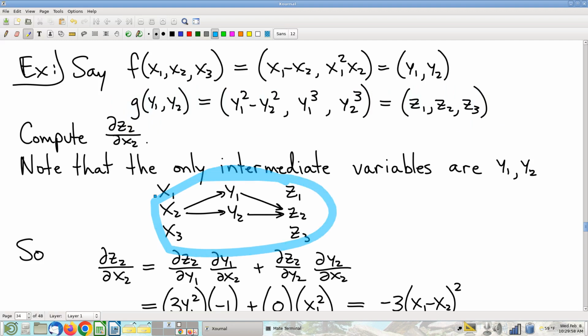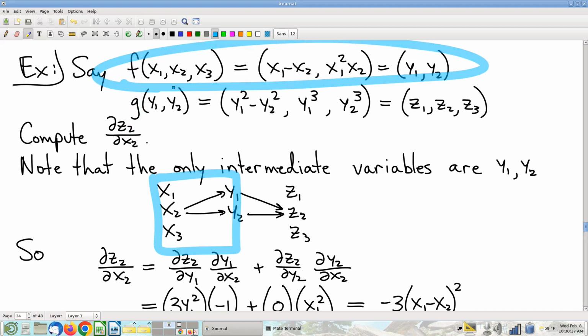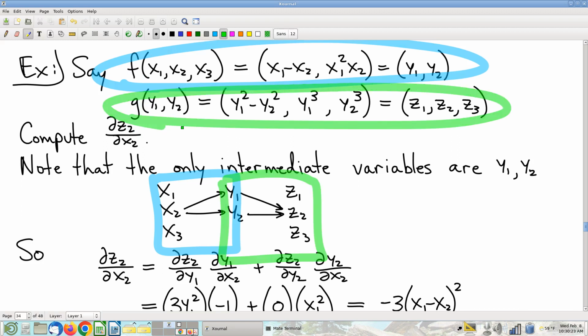Now, keep in mind, this is just a shorthand representing that I'm composing two functions. And it is very important to remember, you are composing functions here. What comes out of f is going into g. So this is my representation of the y's being functions of the x's, and this is my representation of the z's being functions of the y's. Does everybody see how I get this diagram?